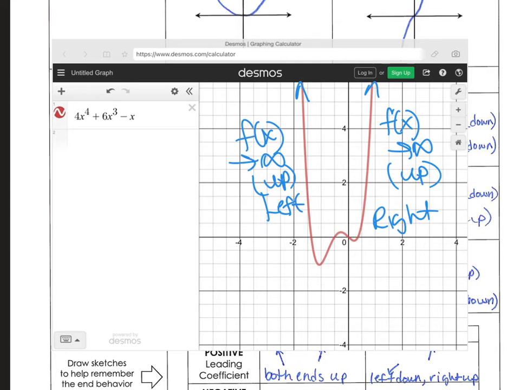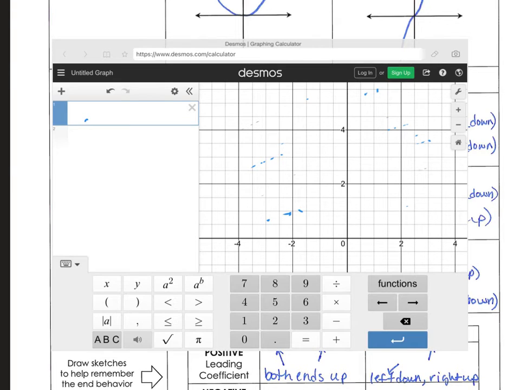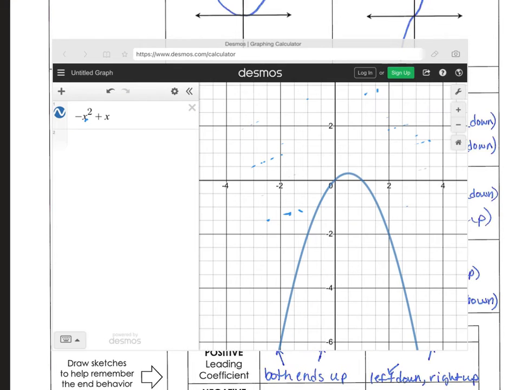Let's look at another one. On this next one, we have f of x equals negative x squared plus x. So this graph, if I look at it, here's where my ends are going. They are both moving down.